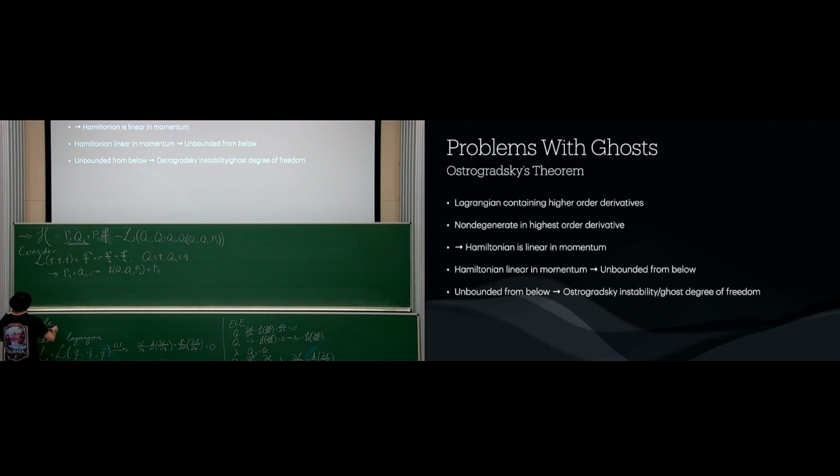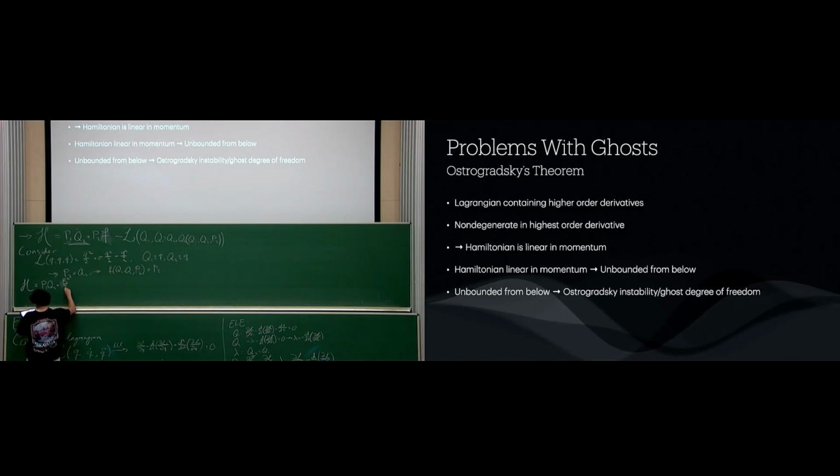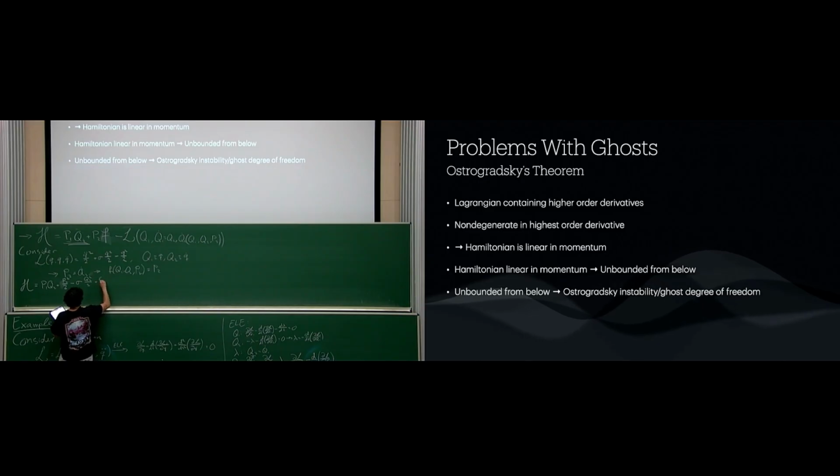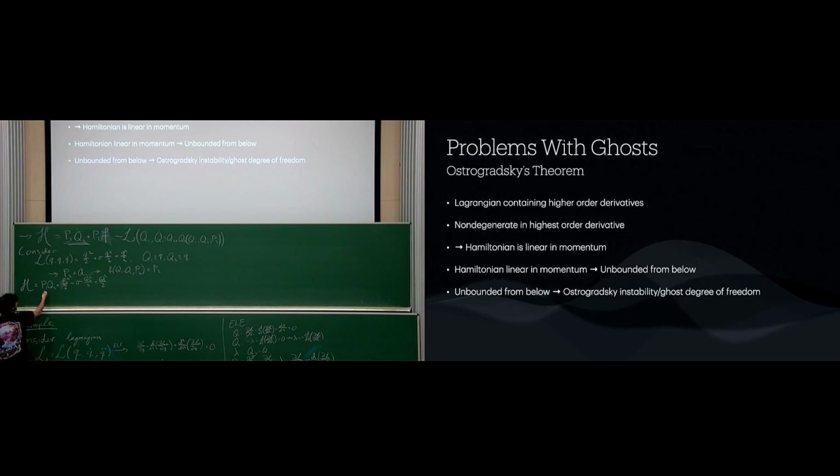So then our Hamiltonian would be something like this: P1 Q2 plus P2 squared over 2 minus sigma Q2 squared over 2 plus Q1 squared over 2. These two terms are begging to be combined.